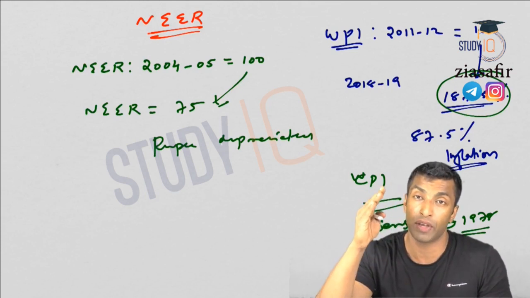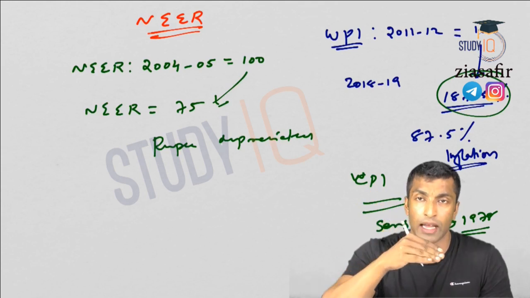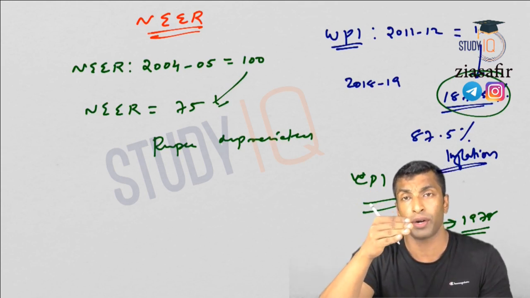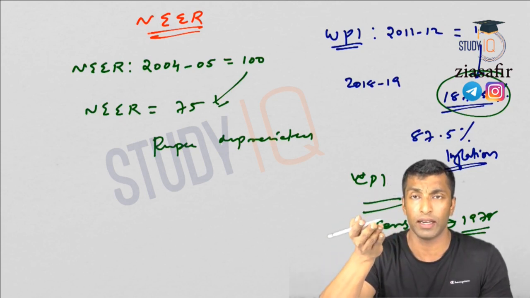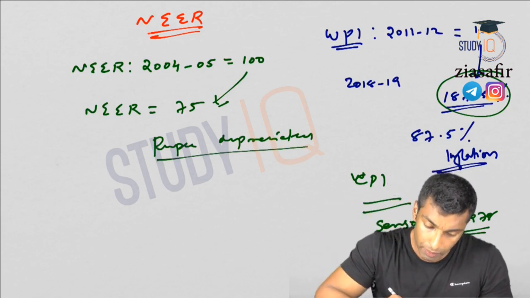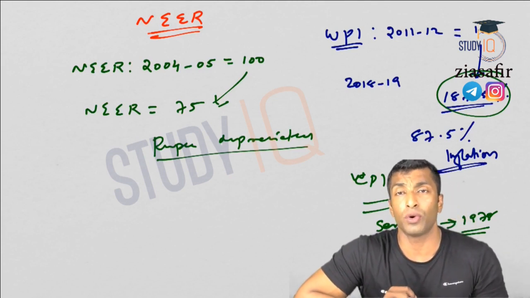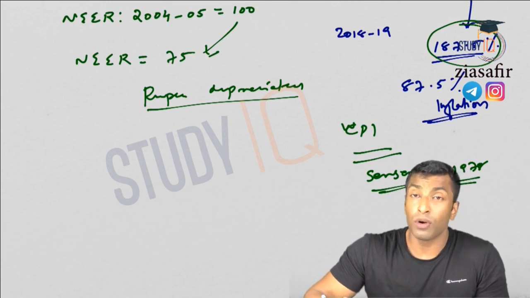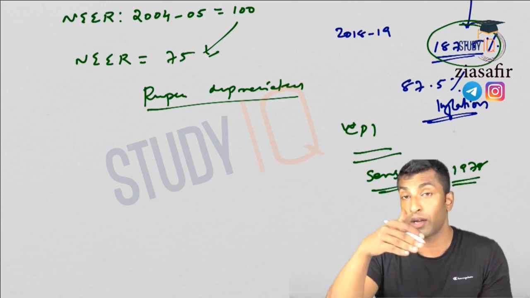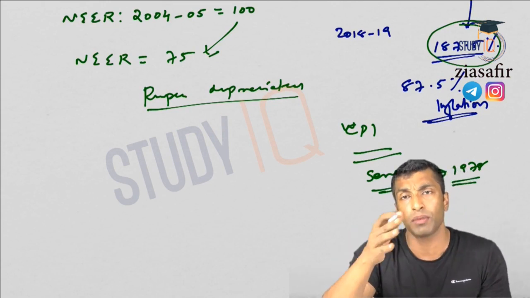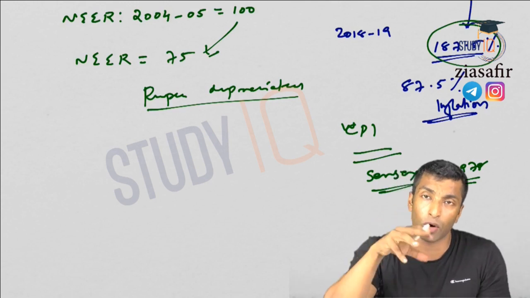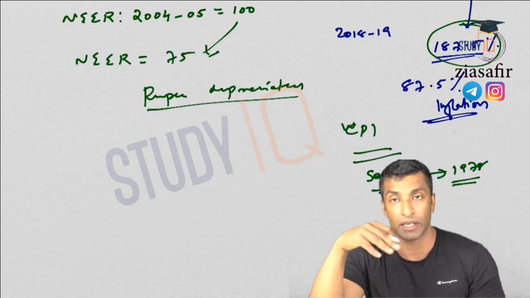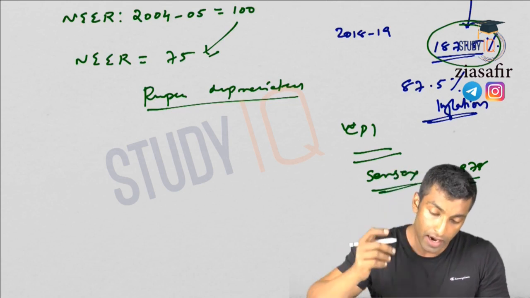So before he was giving $1 for an item which cost 100 rupees, now he gives the same dollar and gets the item for 75. So when the rupee depreciates, things are going to be cheaper for the foreigner, and he is going to get more for $1. Earlier you were getting a 75 worth item, now you are going to get a 100 worth item, and the opposite will happen in India's case, because there it is appreciation, here it is depreciation.